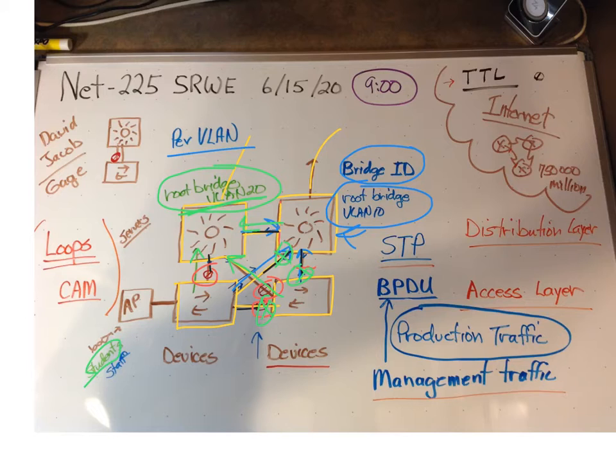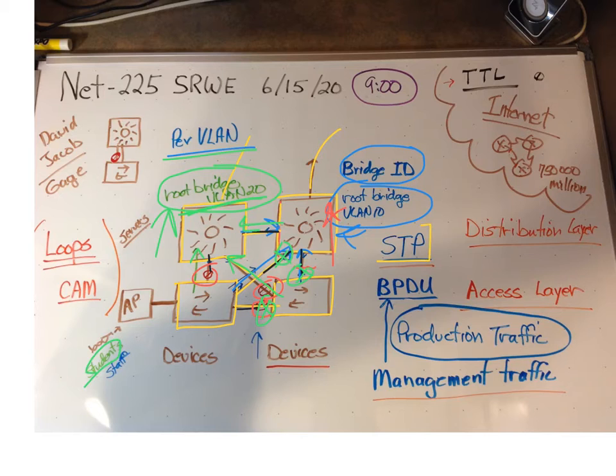So anyway, you can have per VLAN spanning tree instances to manage the traffic. So now the green traffic would be going through this one. The red traffic would be going through this one. And if ever a link was broken, well, then they all could go the other way. And it would adjust automatically.